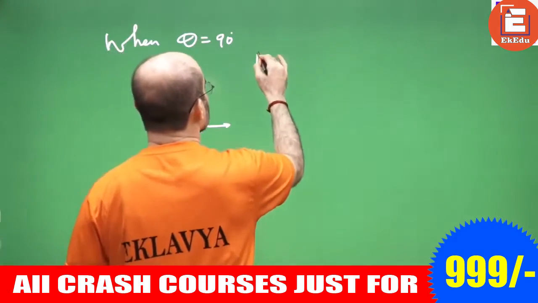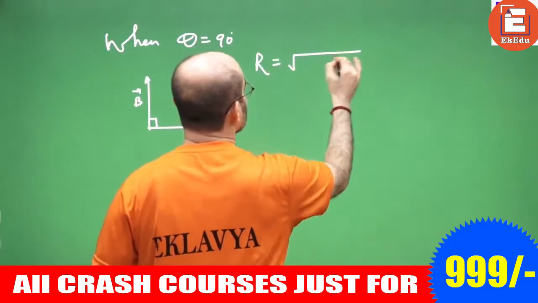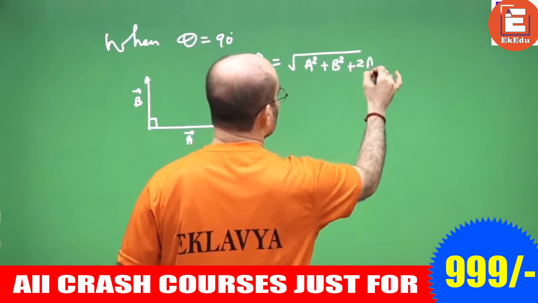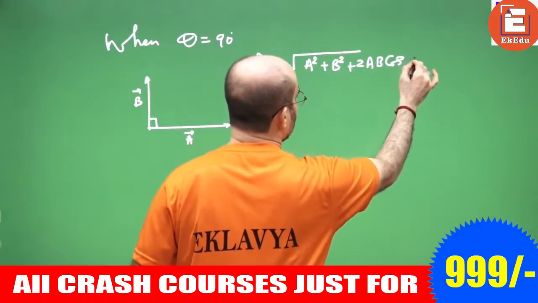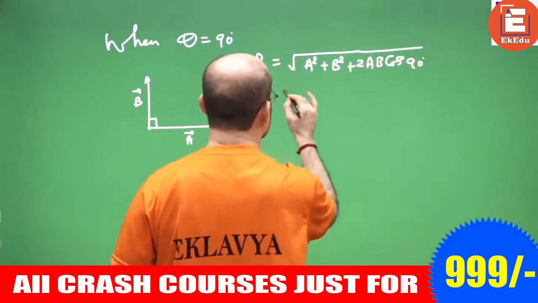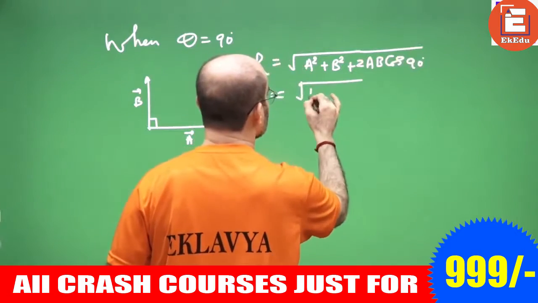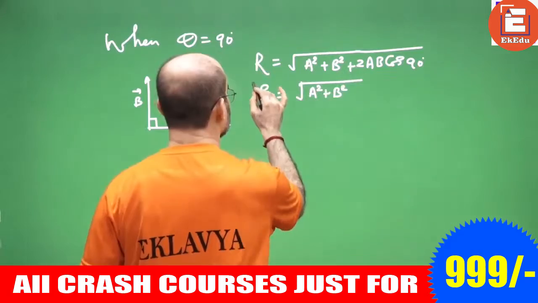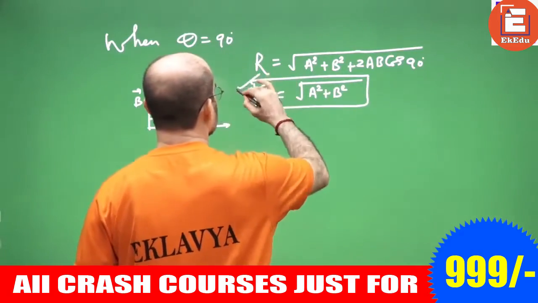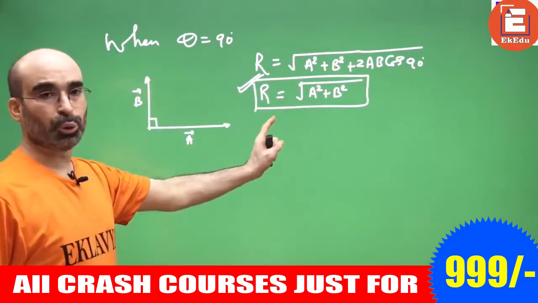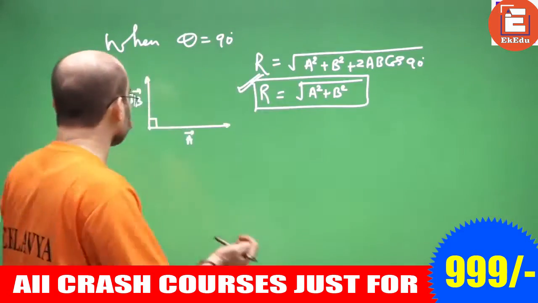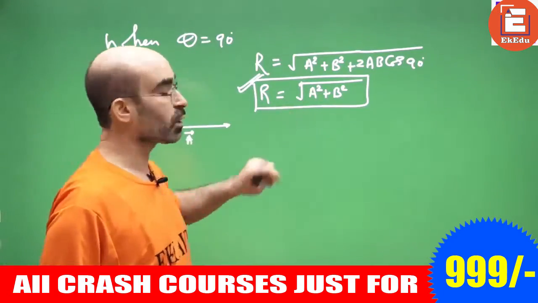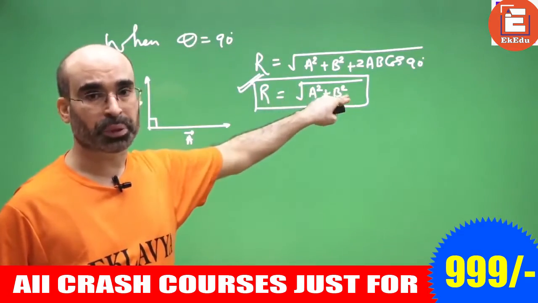It is square root of A square plus B square plus 2AB cos 90, and cos 90 is 0. So when theta is 90 degree, that means the two vectors are perpendicular to each other, the resultant vector will be square root of A square plus B square.